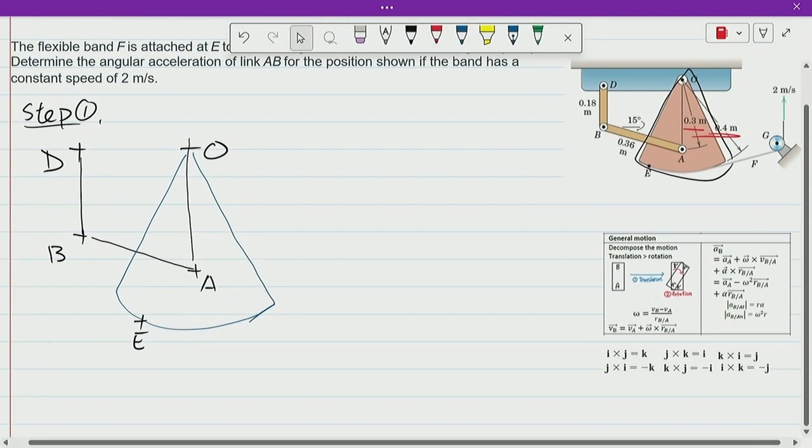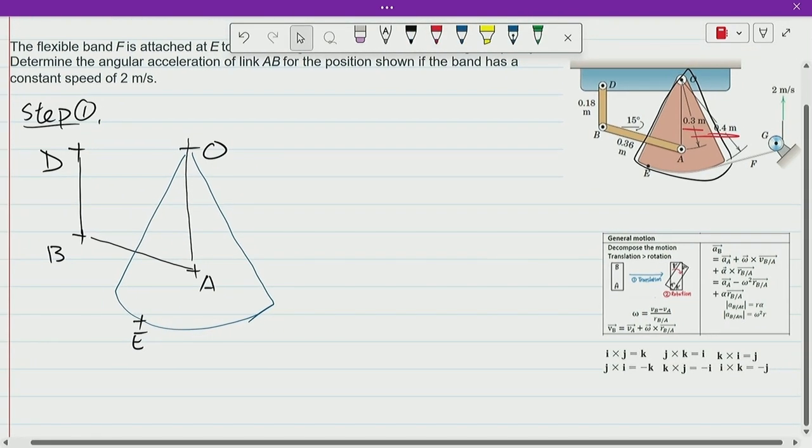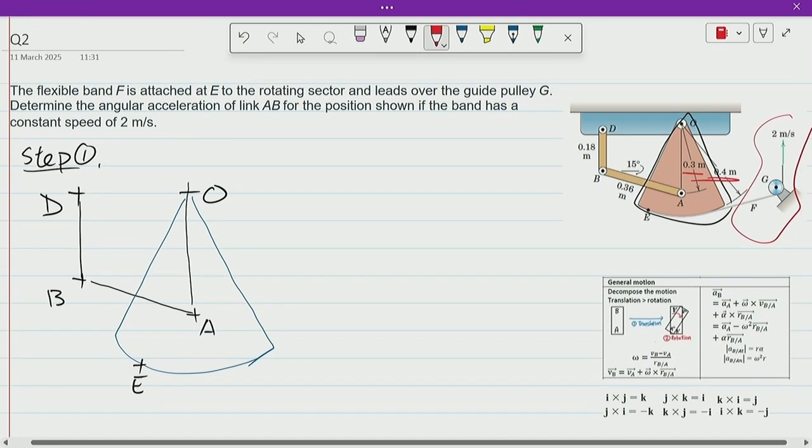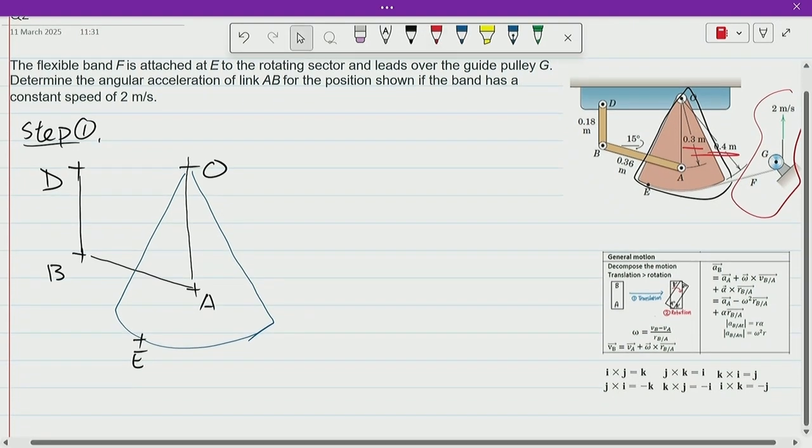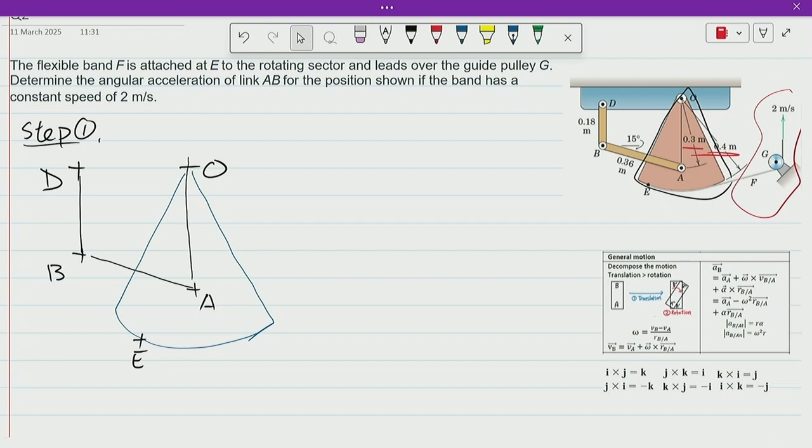The question tried to be a bit mischievous by having all these things around here that make it look more complicated by looping around the pulley. The string itself says flexible, but flexible means that it can bend, in this case it doesn't mean it can elongate, because if it can stretch, that breaks the entire problem.